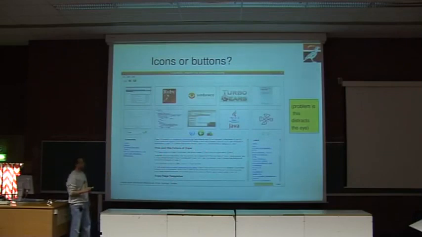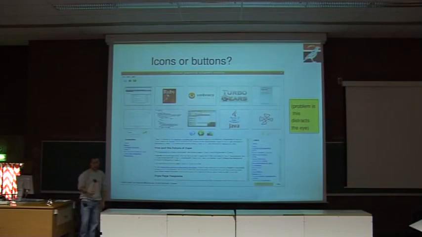The only problem I see here is that it distracts the eyes. You are supposed to make a tool that makes things easier. If we fill it with all these fancy buttons, we might distract the eyes and not get it very clear.